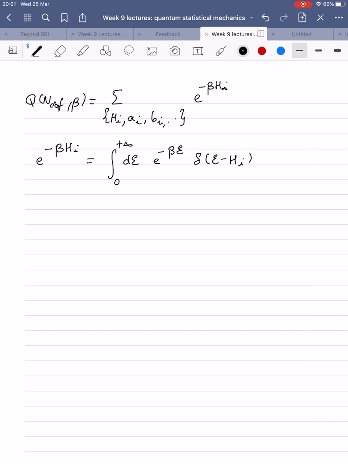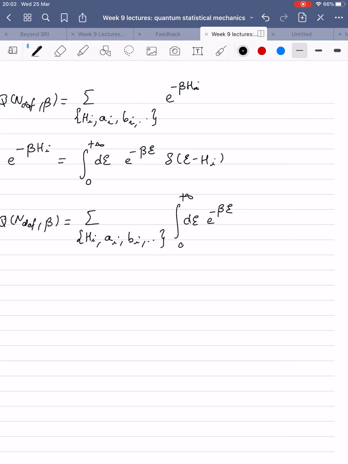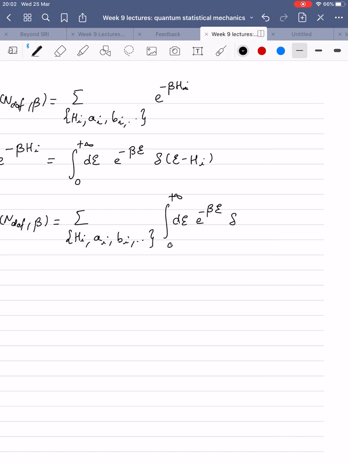So then I can substitute this particular expression here into there. So this will give us the following: Q_QM of beta is equal to the sum over H_i, then a_i b_i, and then I've got this integral from 0 to plus infinity d epsilon exponential minus beta epsilon, and then I've got delta of epsilon minus H_i.